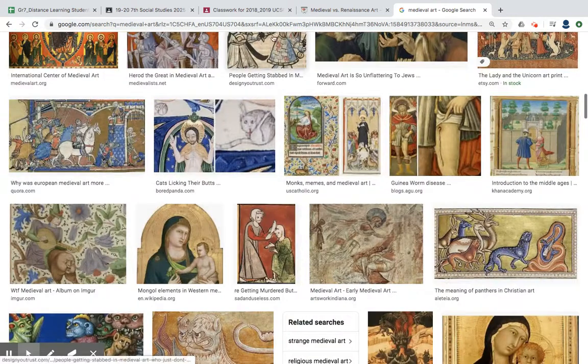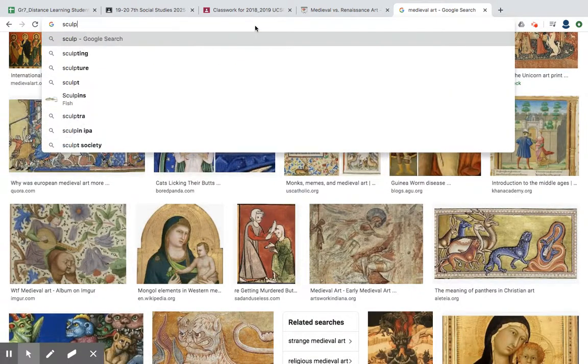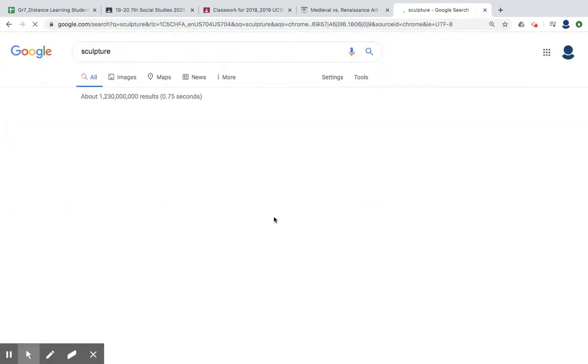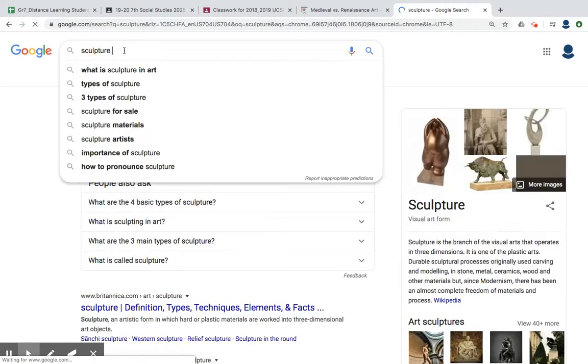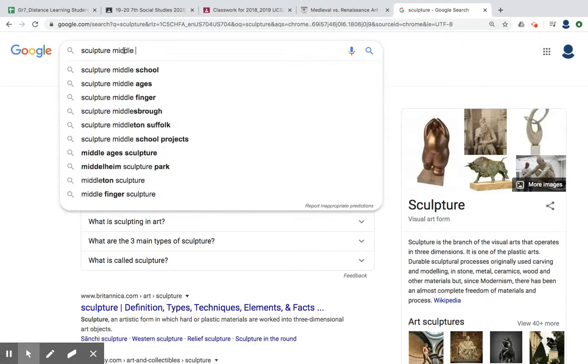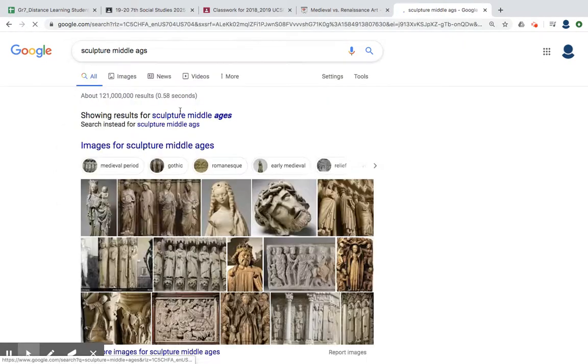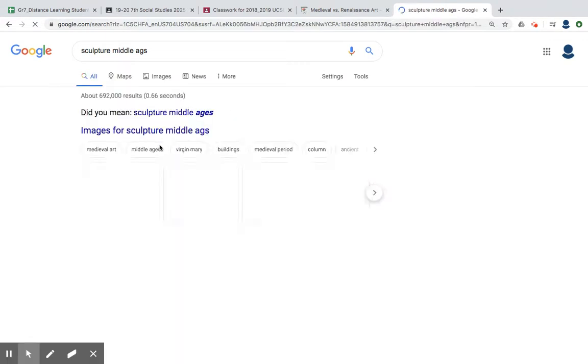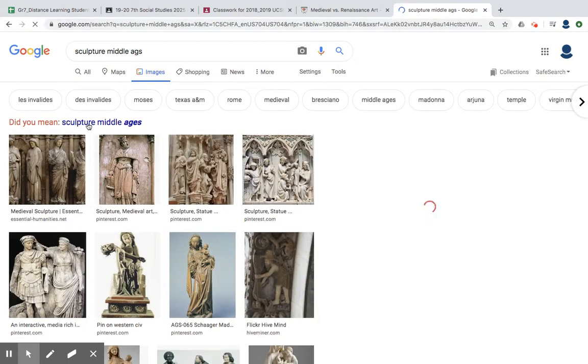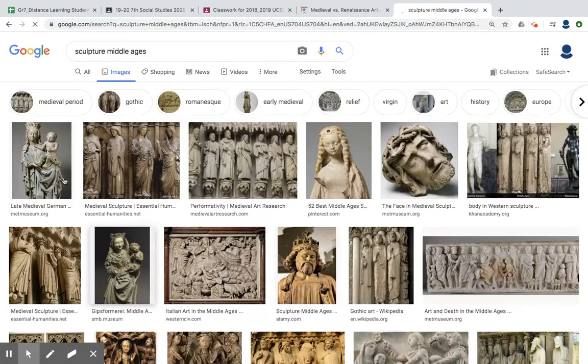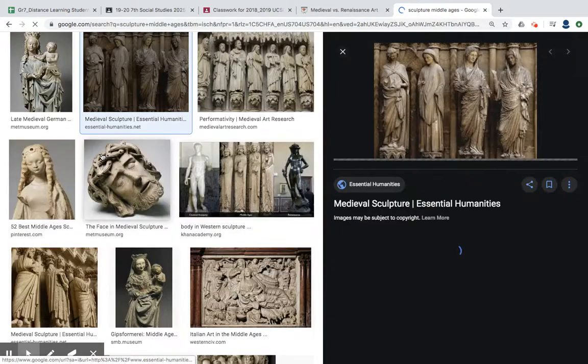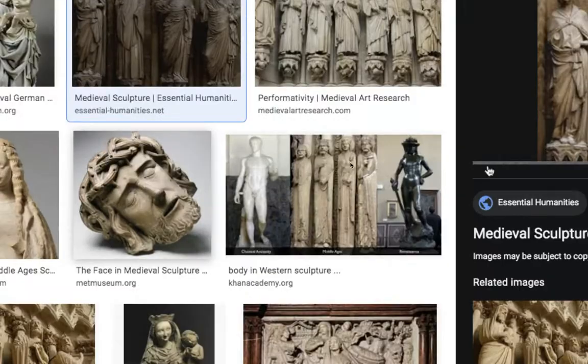Let's look at some sculpture, because sculpture is going to be another big part of this unit. So Middle Ages sculpture. A lot of the sculpture in the Middle Ages looks like this. This means this is in relief.